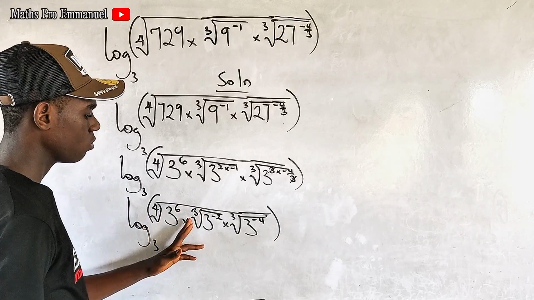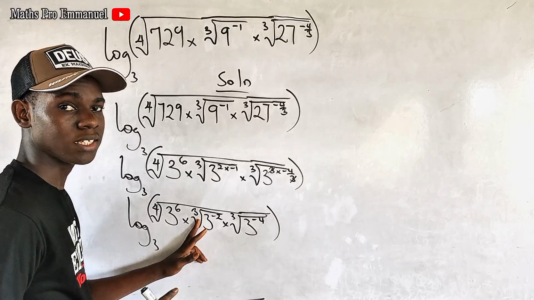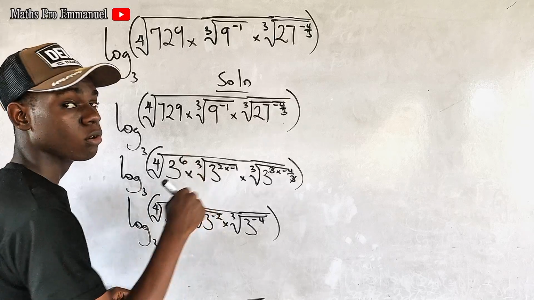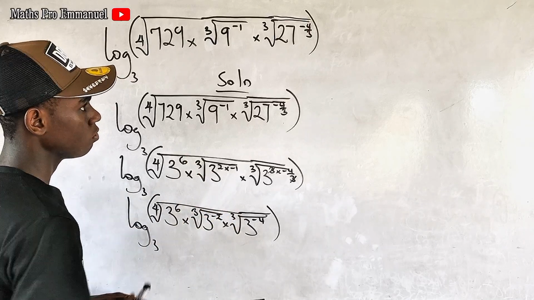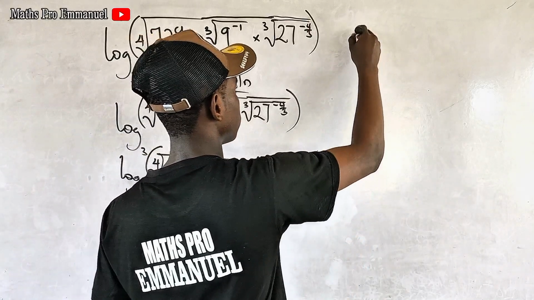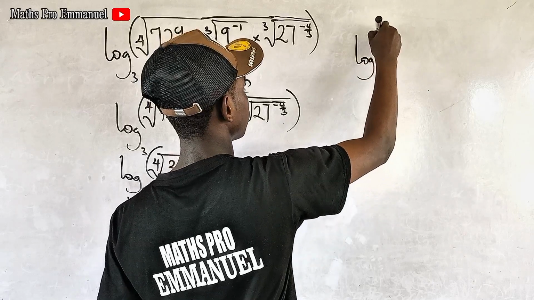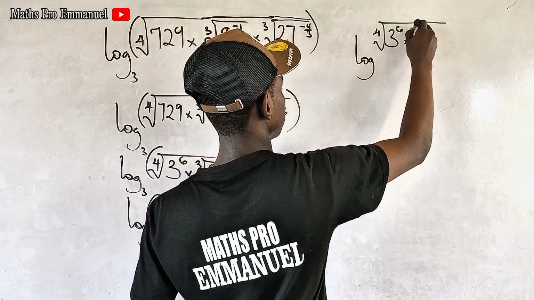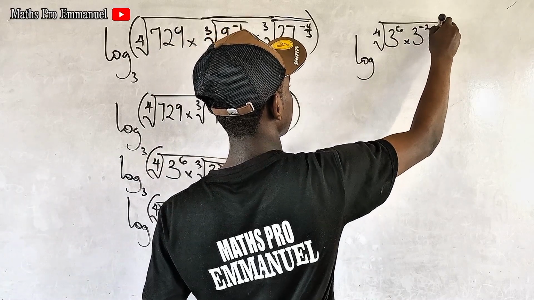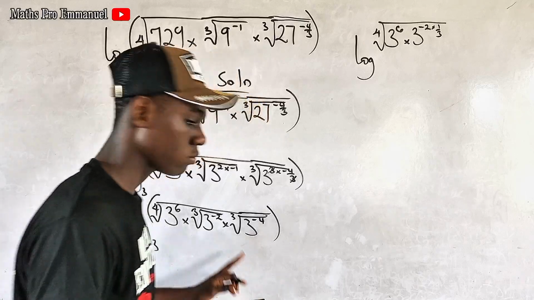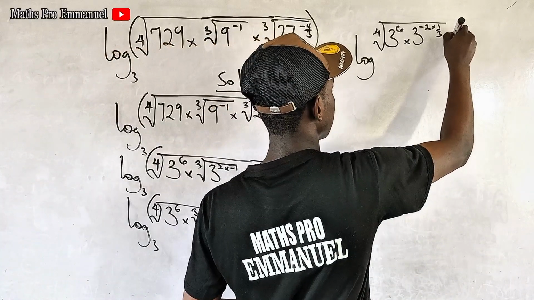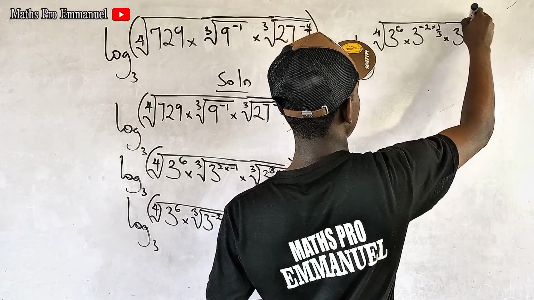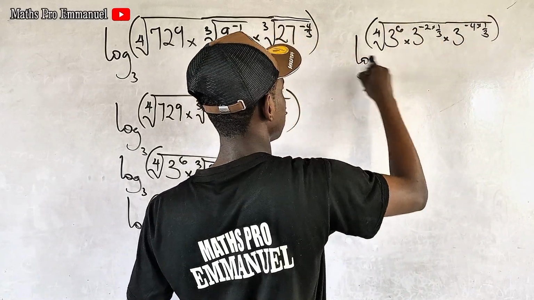So now I'm going to convert this cube root to an index. When I have 3 raised to the power of minus 2, I will have 3 raised to the power of minus 2 times 1 over 3 because of this cube root. The same thing I'll do here. So I'll have log fourth root of 3 raised to the power of 6 times 3 raised to the power of minus 2 times 1 over 3, times 3 raised to the power of minus 4 times 1 over 3, all in base 3.